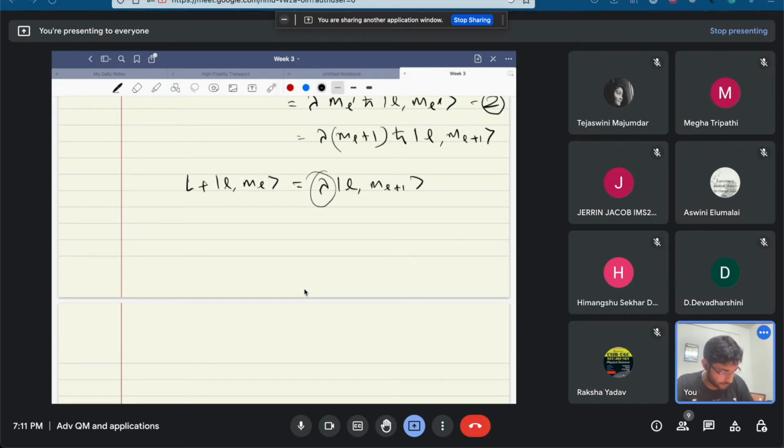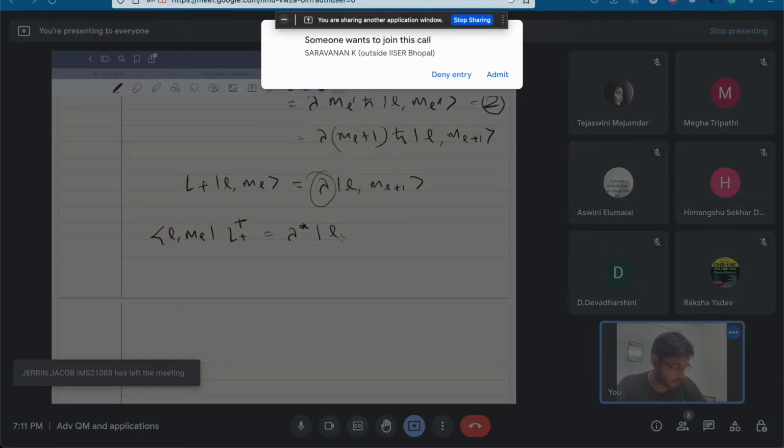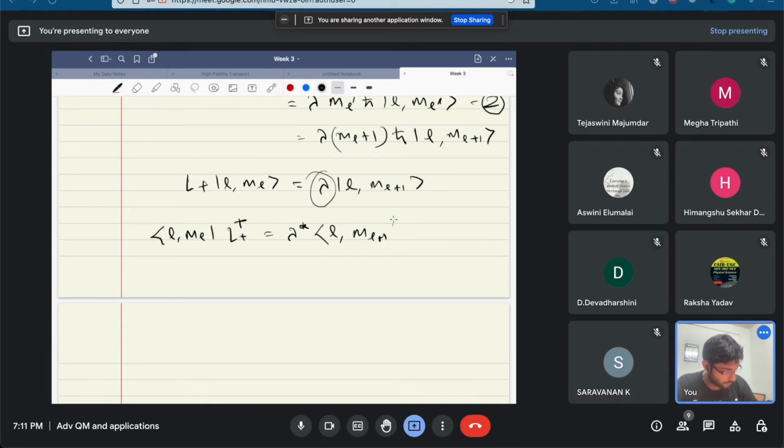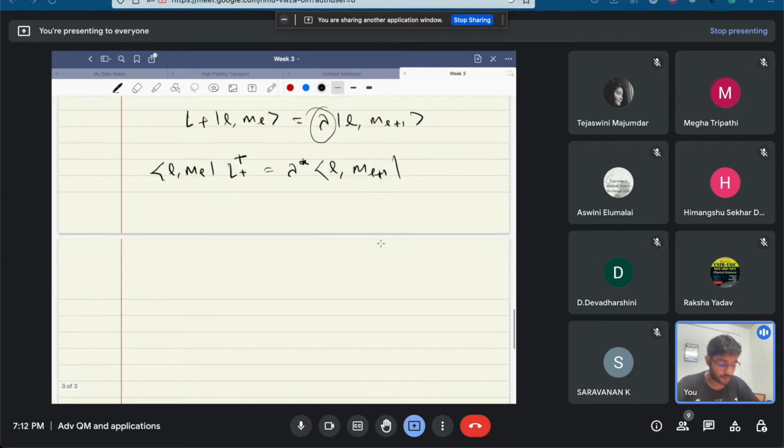So let's say we operate L plus on the left with L plus dagger. This will essentially give us the same lambda L, ML plus 1.